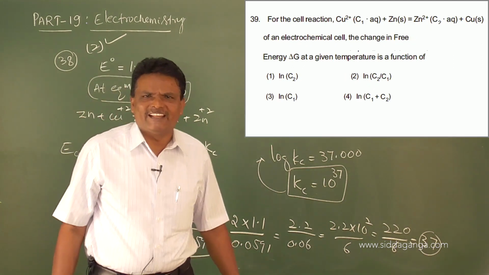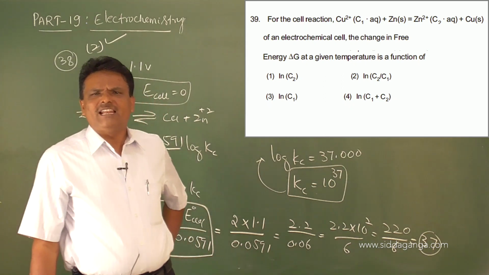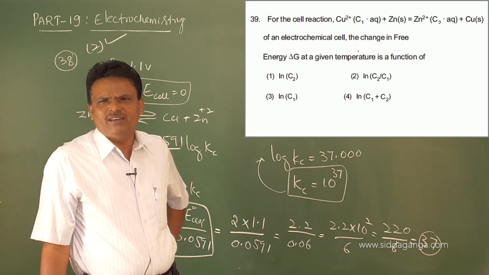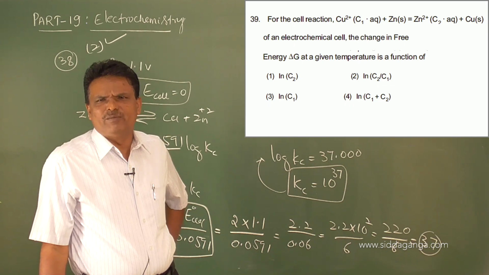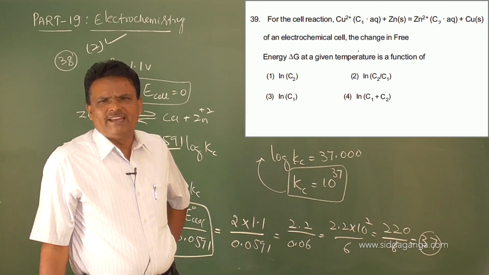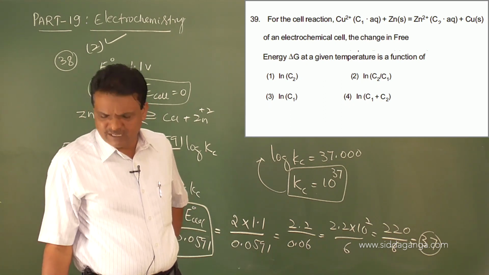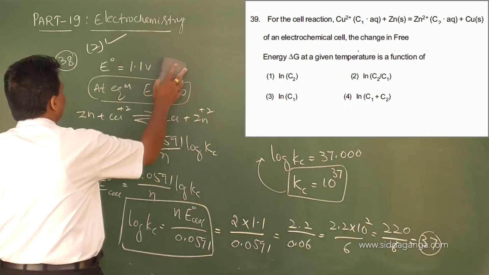Question number 39. For the cell reaction Cu plus 2 of concentration C1 plus Zn in the solid state, it is in equilibrium with Zn plus 2 of concentration C2 plus Cu in the solid state. This is one electrochemical cell. The change in free energy delta G at a given temperature is a function of what?